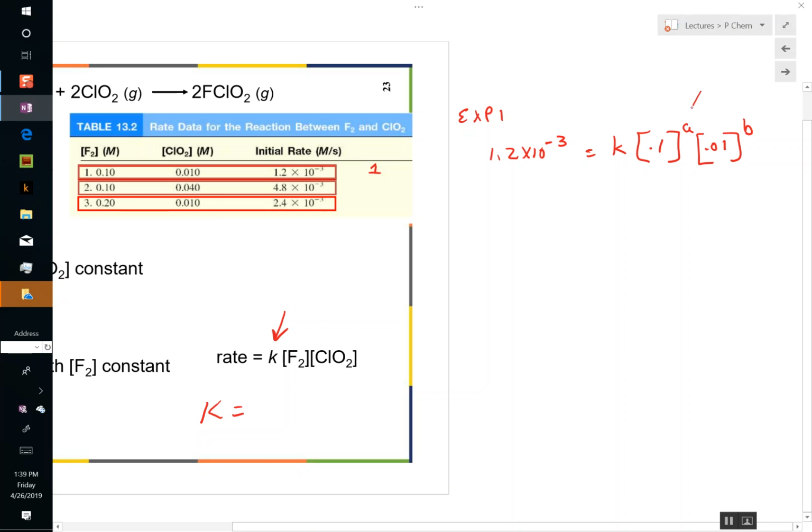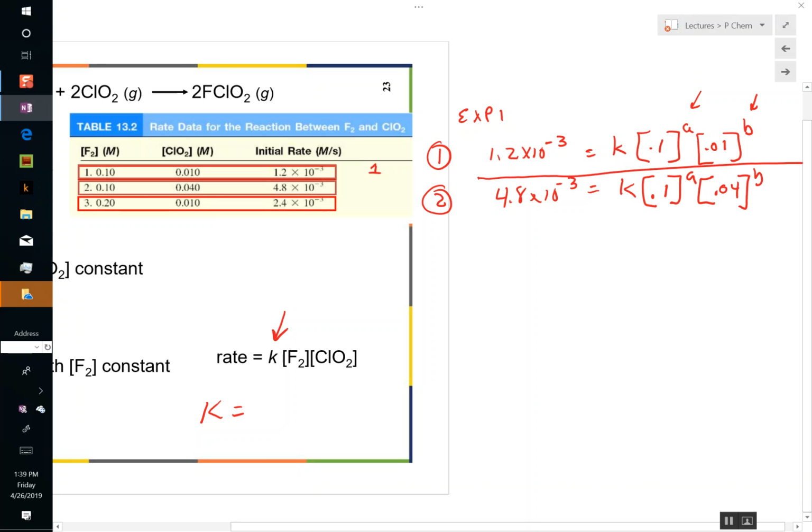See, we don't know this yet. So that's experiment 1. Experiment 2, we could do the similar thing. K times 0.1 to the A times 0.04 to the B.